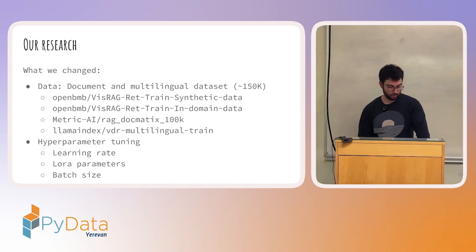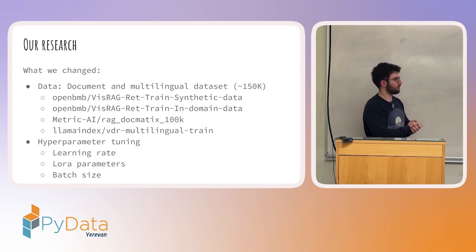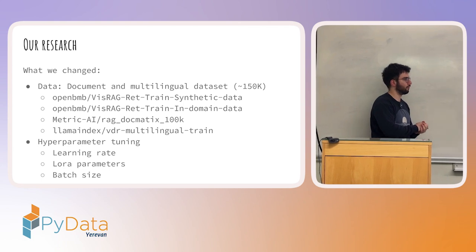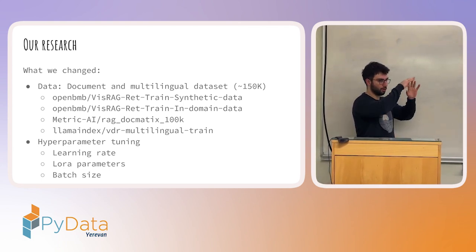Okay, let's see the main things we changed in order to have a good model. From the benchmark, we saw that the main issue for different models is that they don't work well with documents that have a lot of text. There are some visualizations there, but for the DocVQA dataset, for example, which has an average score of 60, we saw that it is heavily documents with a lot of text.